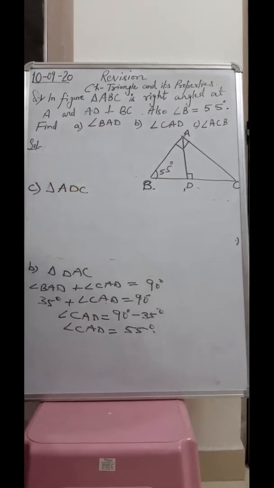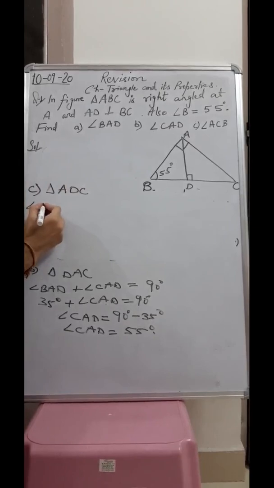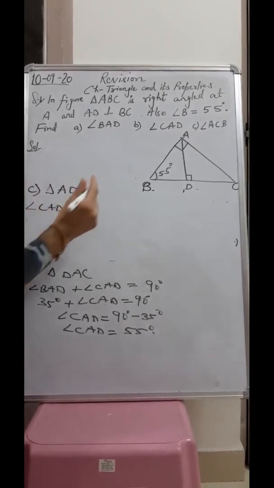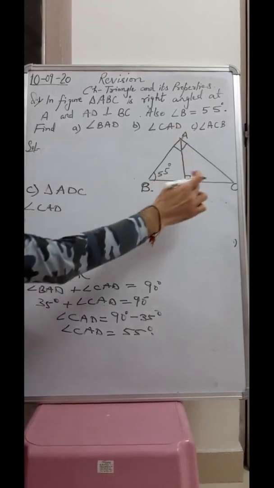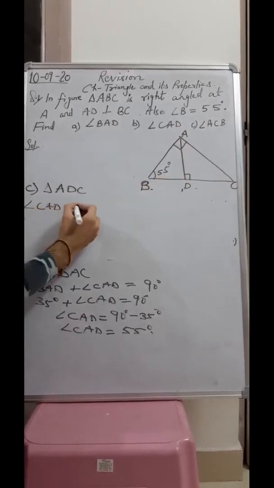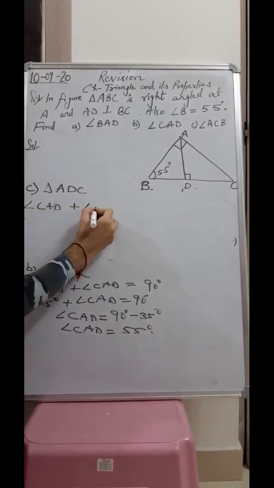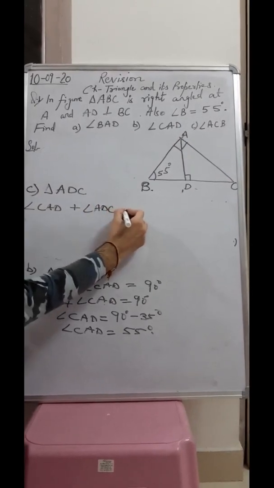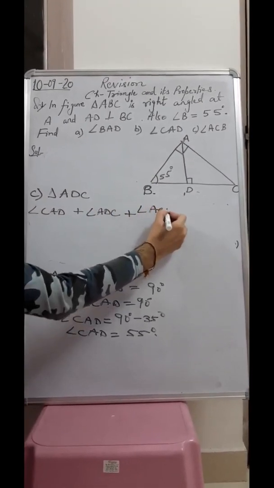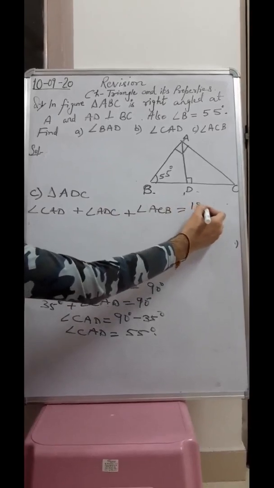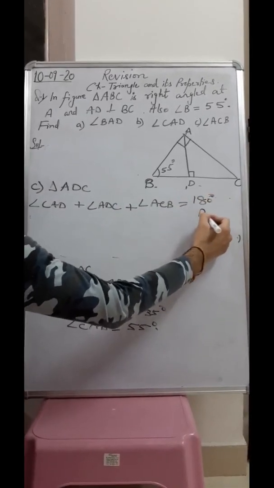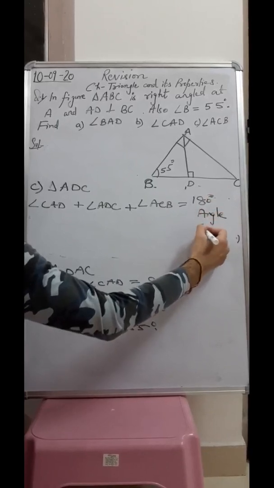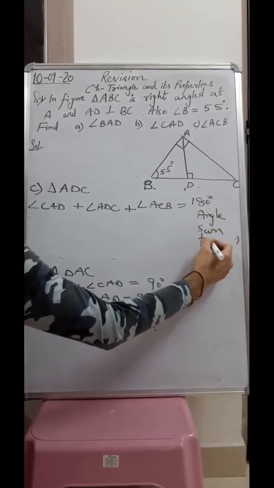In triangle ADC, there is angle CAD plus angle ADC plus angle ACB will be equal to 180 degree. And the reason is angle sum property of triangle.